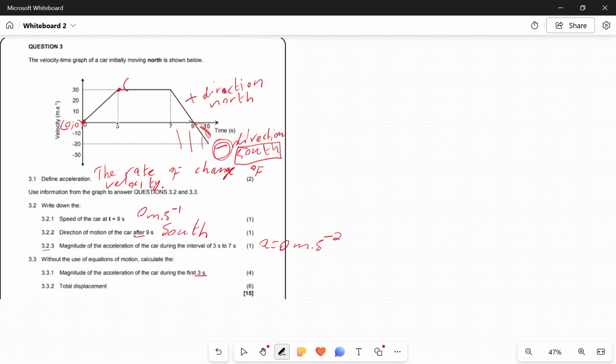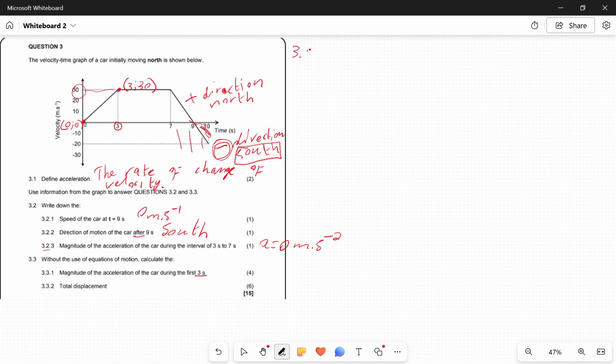So our x value on the second point is going to be 3, and our y value is going to be the velocity that is now reached, which is 30 meters per second. So our 2 points are (0, 0) and (3, 30). We will use these points to find our acceleration.